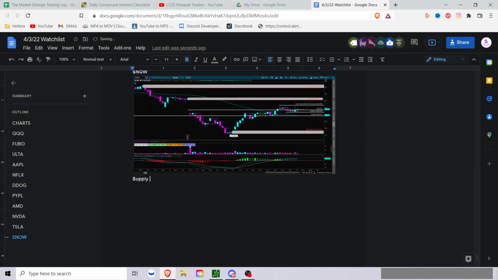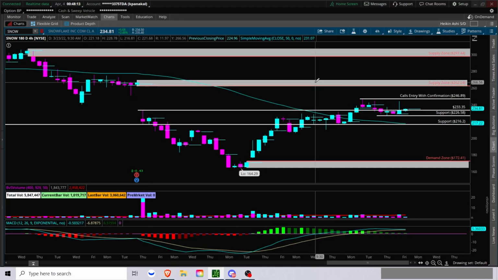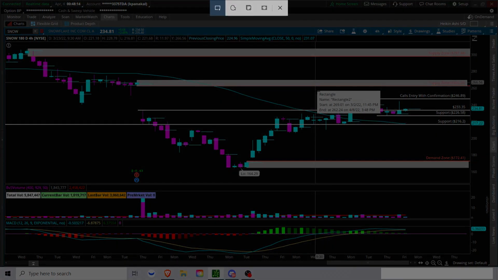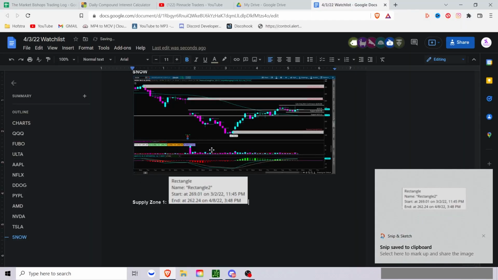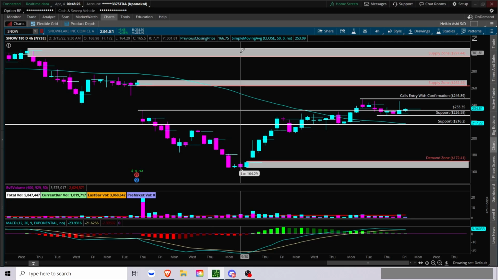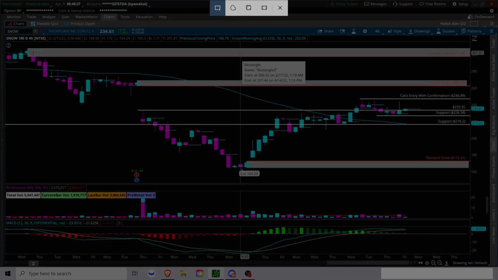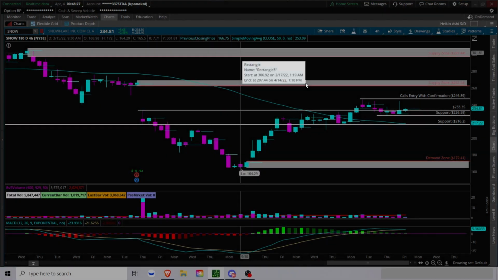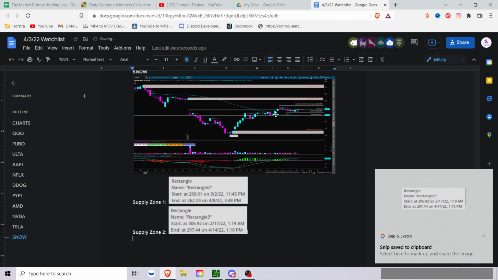So we have two supply zones. Supply zone 1 is at 262 to 269. Then we have supply zone 2, which is from 297 to 306.